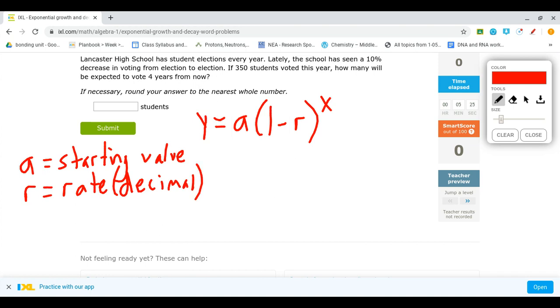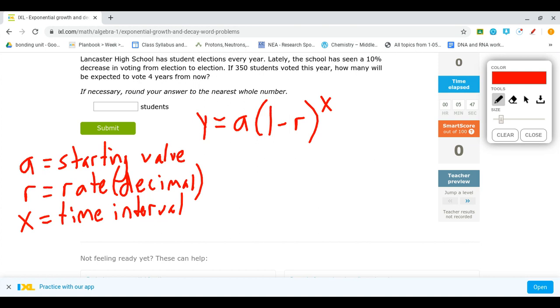When we do the problem, I'll review how to change a percentage to a decimal. X stands for some interval of time. Could be seconds, days, years, any kind of interval of time.